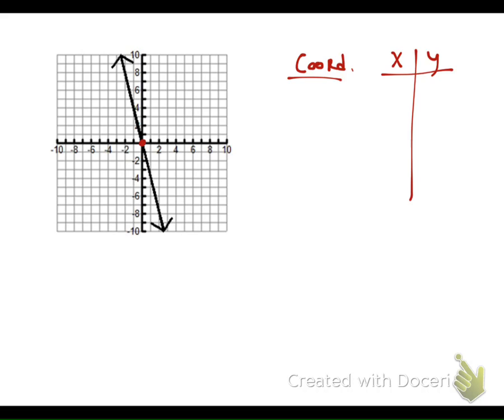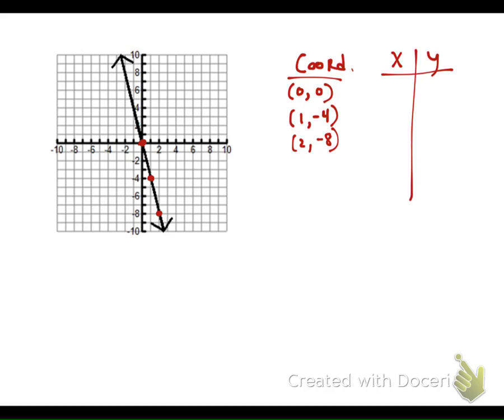Immediately I see one right here that's 0, 0. I also look down and I want to look exactly where it hits. It looks like I have one right here at positive 1, negative 4. If I keep going down, I have another one right about there at 2, negative 8.